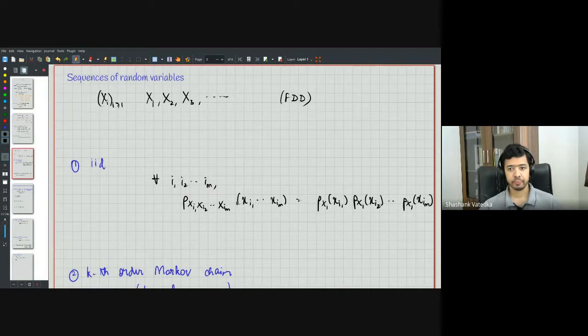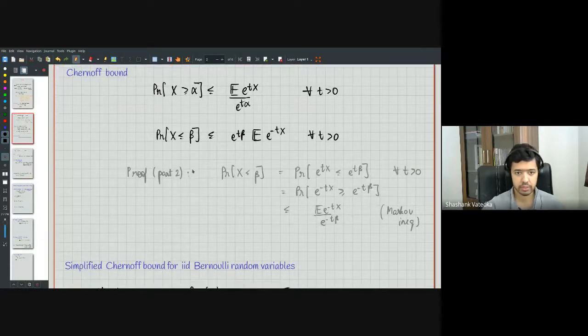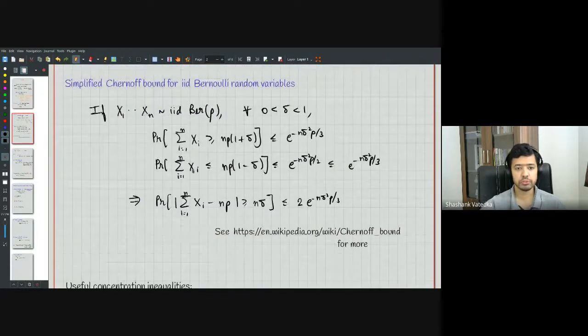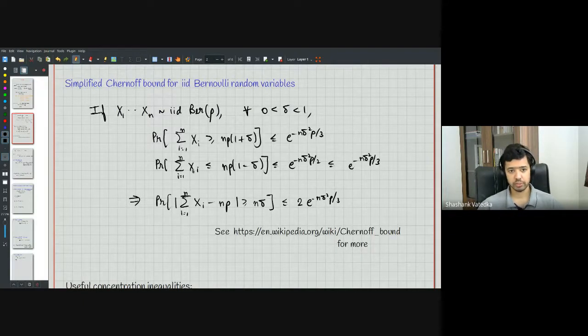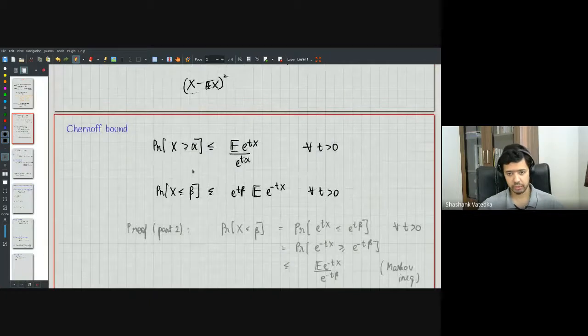So what is more useful is the so-called simplification of the Chernoff bound. The Chernoff bound is fairly strong, but in many cases it is very difficult to evaluate.